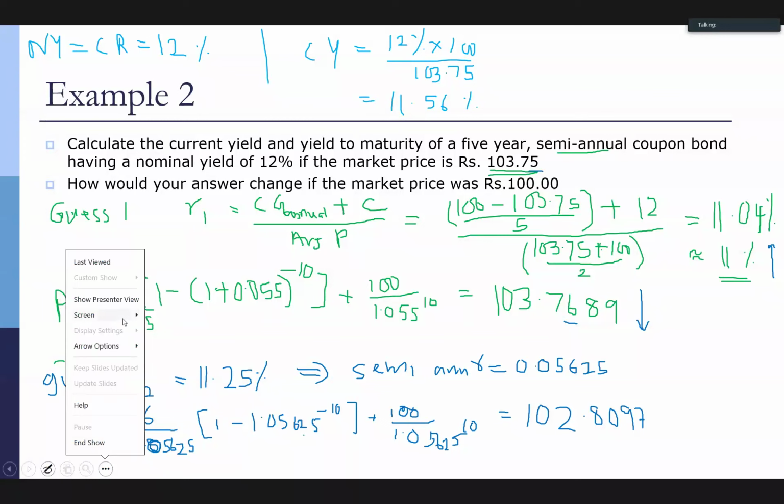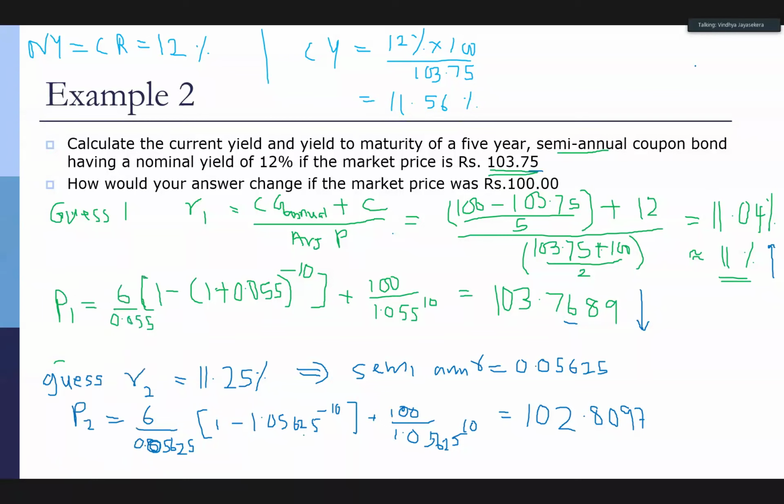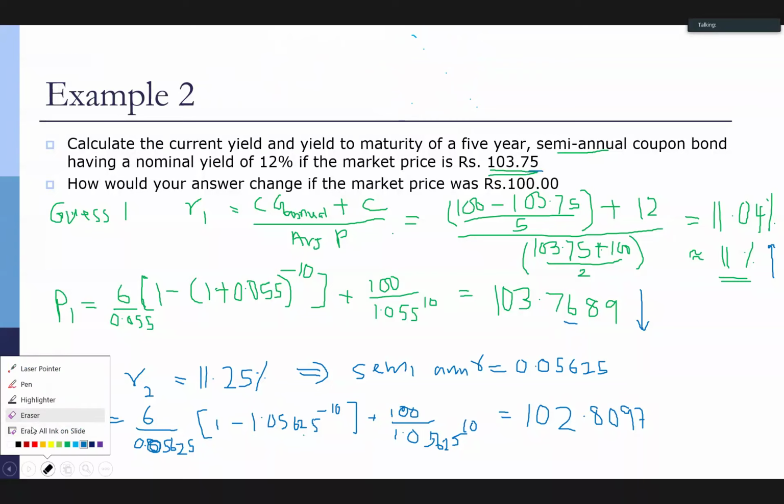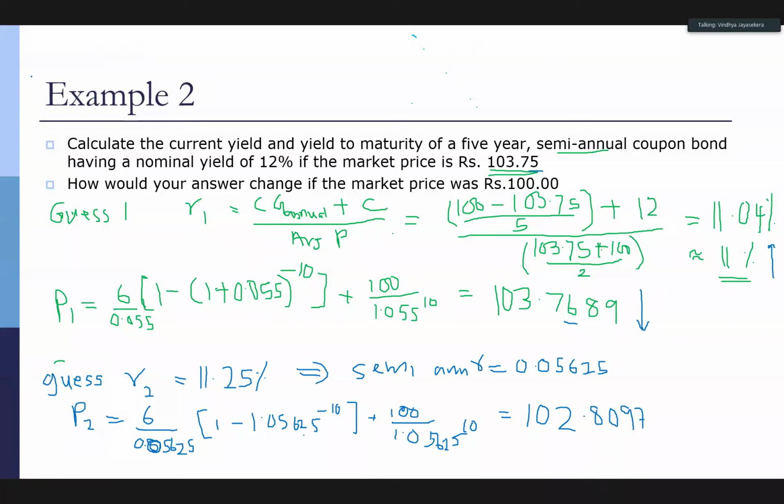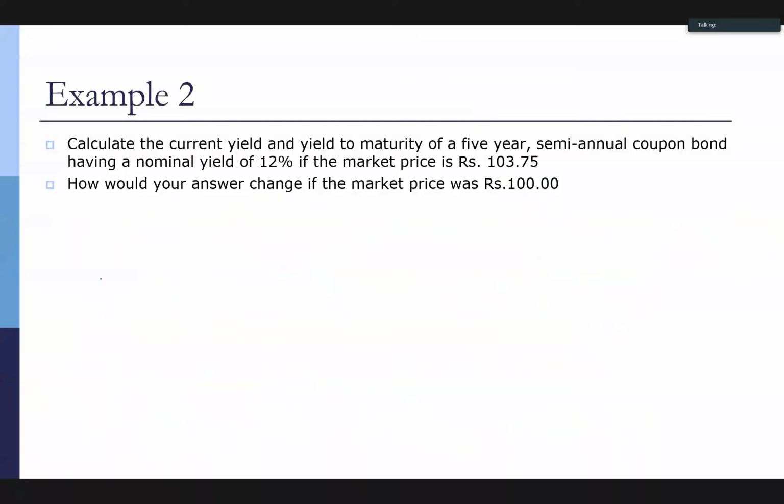So put those together. So we know that, please tell me what those numbers were. R1 was 11%.